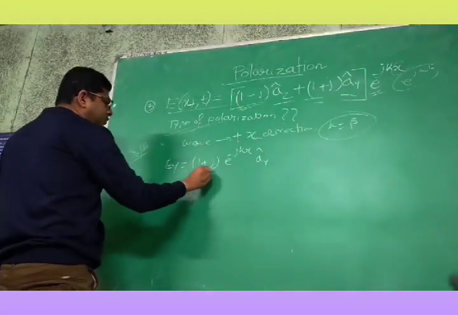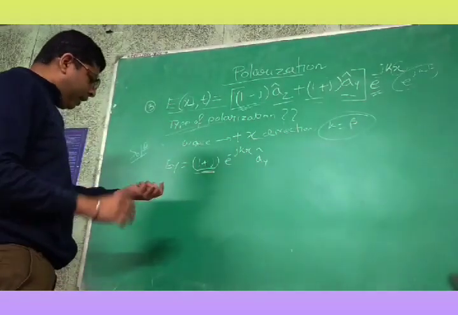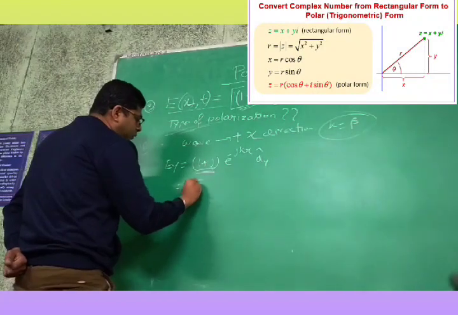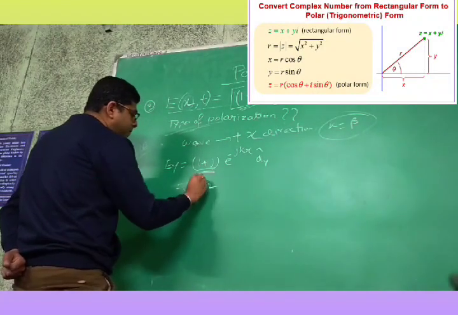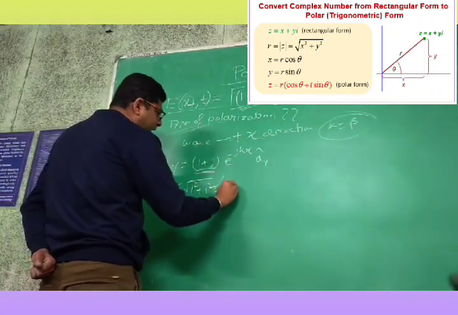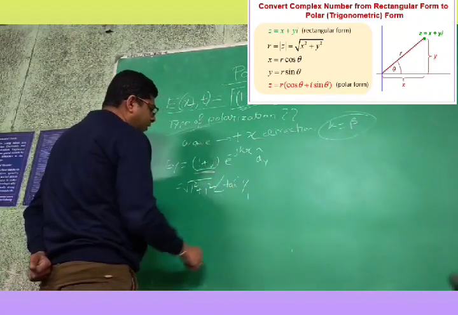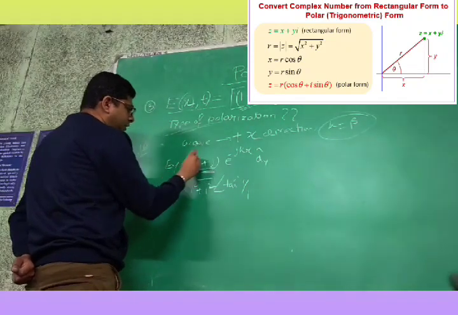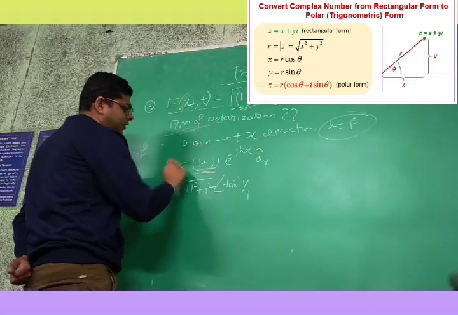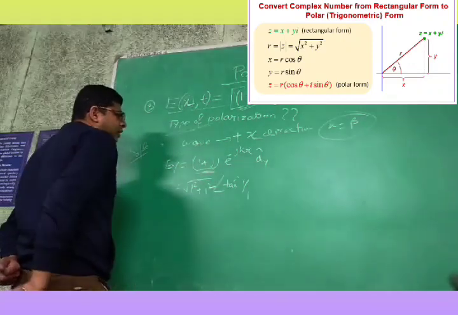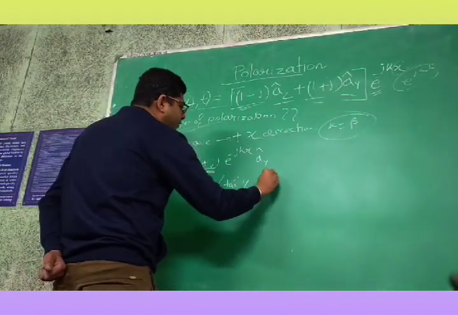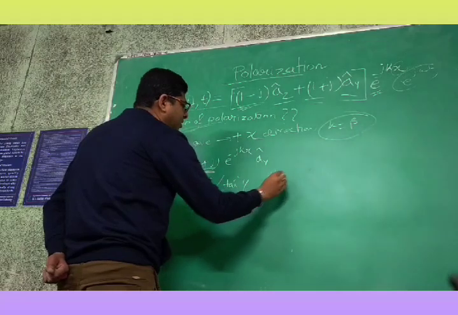But for this you can change this 1 plus j into polar form. How can you do that? The magnitude part will be root over 1 square plus 1 square, and your angle will be tan inverse 1 by 1. For x plus jy, you know, tan inverse y by x. That way you can calculate. So basically it is 45 degree, and you have e to the power minus jkx.